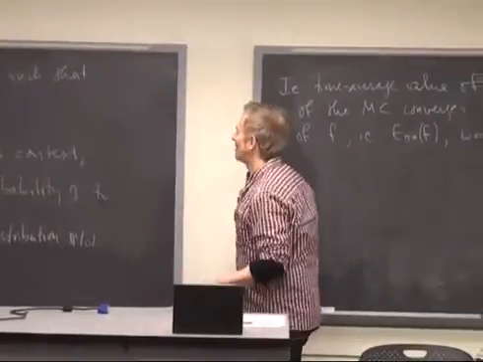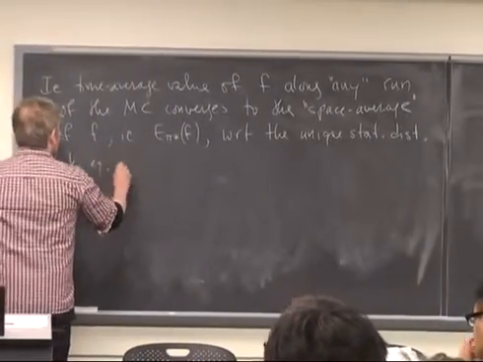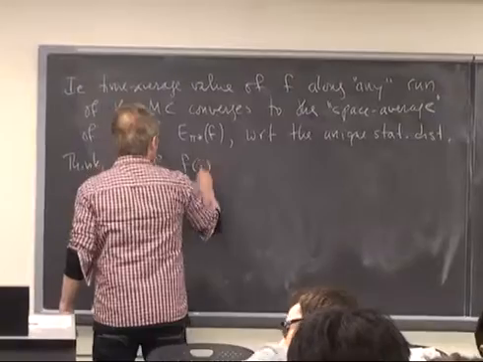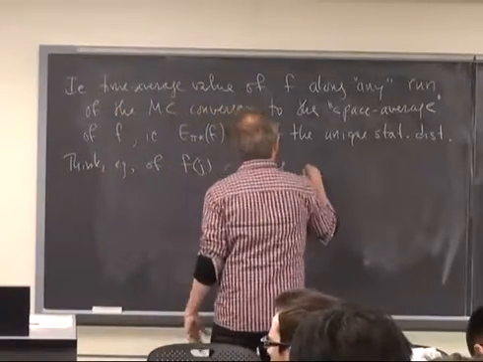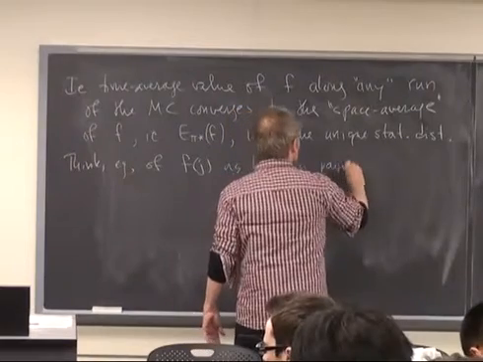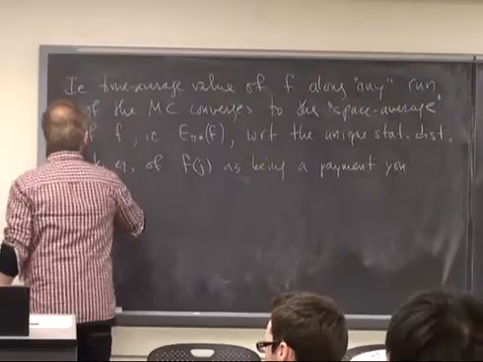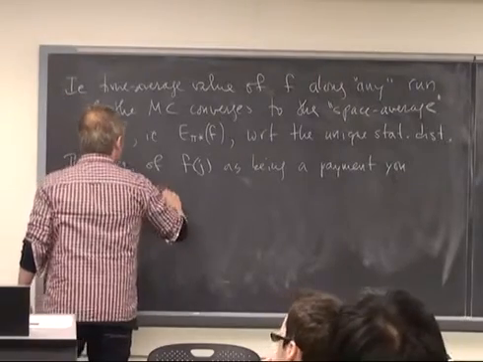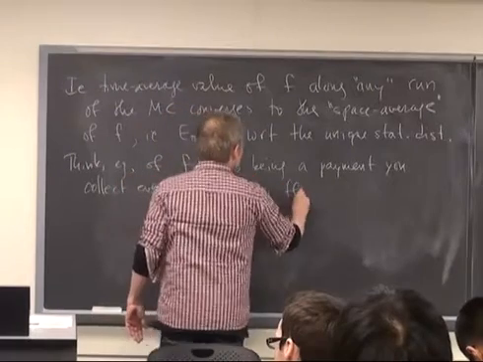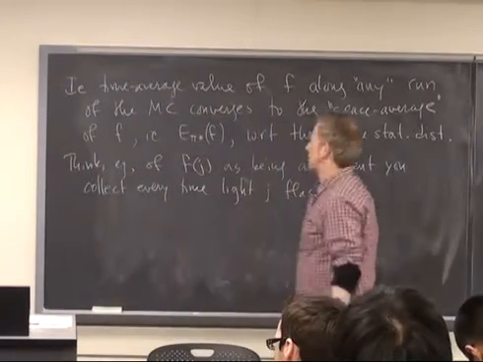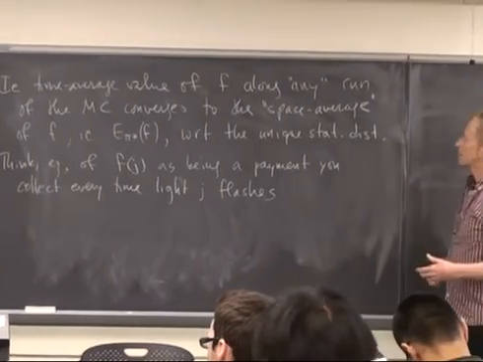But anyway, think of f of j, for j in S, as being some payment you collect every time light j flashes. This is something that happens dynamically as you run the Markov chain.